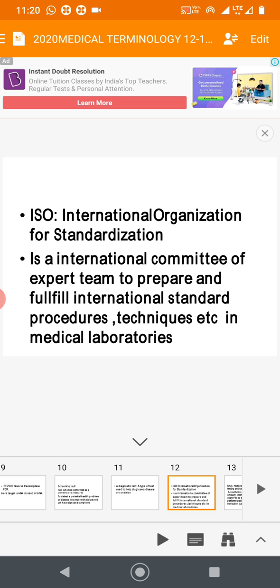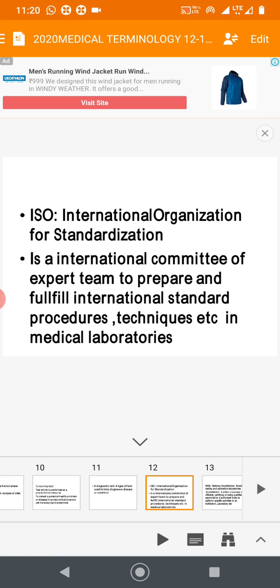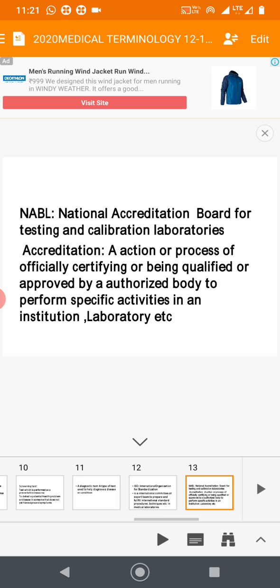If there is a separate team with a separate set of procedures, we have to follow the ISO standard. What is NABL? This particular term is especially for labs: National Accreditation Board for Testing and Calibration Laboratories. You can see it on the test report, RFTL and so on. If a lab is accredited with NABL, there will be an NABL accreditation seal at the bottom.